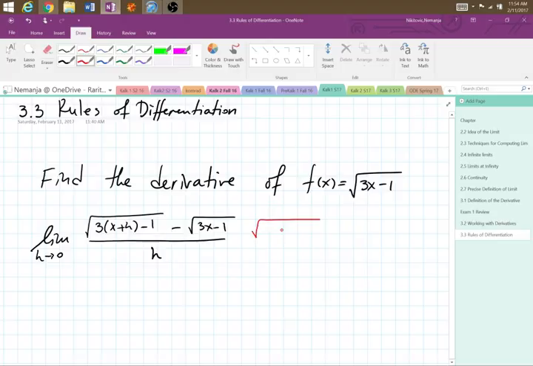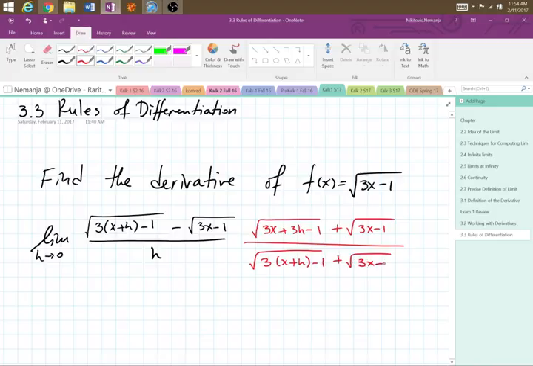We rationalize this. I'm just going to write this as the square root of 3x plus 3h minus 1 plus the square root of 3x minus 1, divided by the square root of, I'll leave this one. This is the experience of which ones you leave, which ones you distribute. So now it equals the limit as h goes to 0.